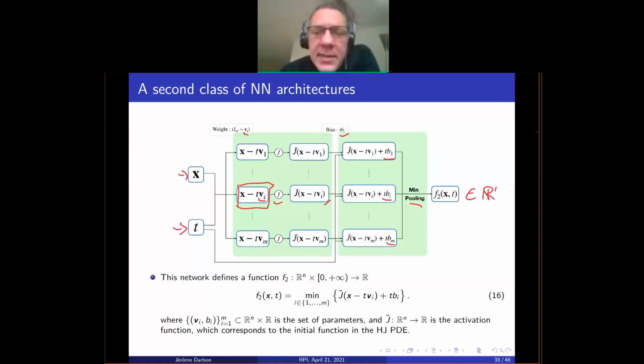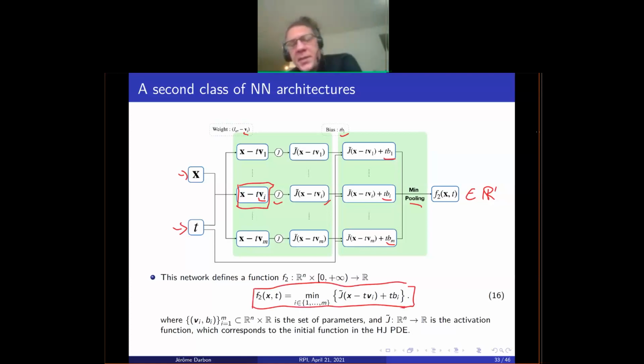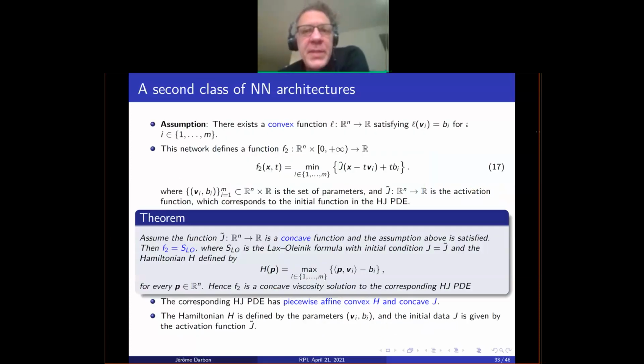That neural network architecture gives me the definition of the following function that is implemented by the neural network, and we want to know if this is a viscosity solution of a corresponding Hamilton-Jacobi PDE.